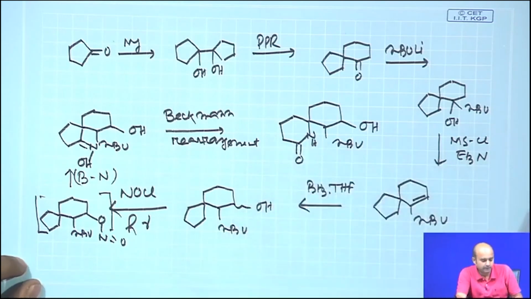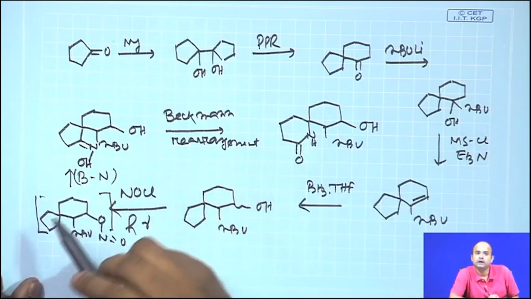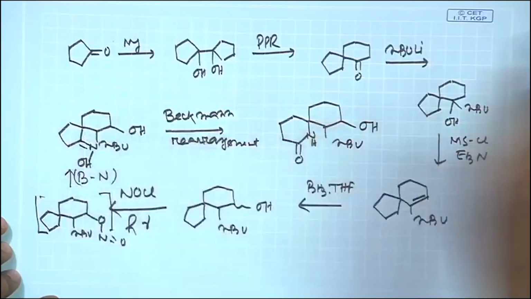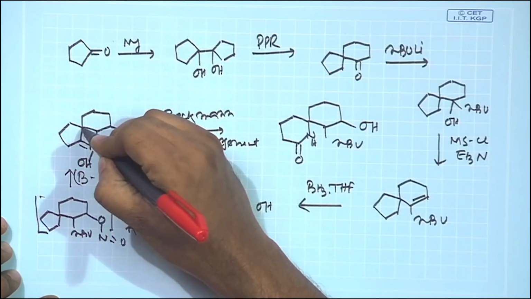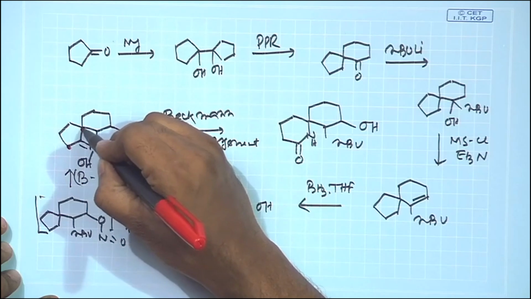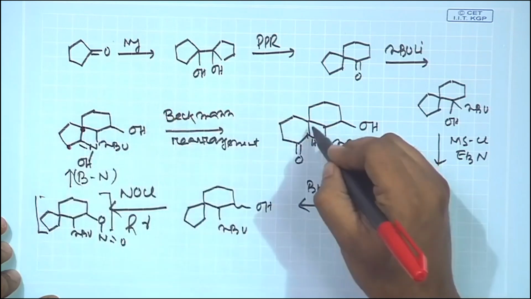Now, normally Beckmann rearrangement is migration towards an electron deficient nitrogen. Now, the more stabilized or more substituted carbon will migrate. Out of these, there is a possibility that either this carbon can migrate or this carbon can migrate. Now, this carbon is more substituted, so this will migrate, and that is why this carbon has the direct nitrogen bond.